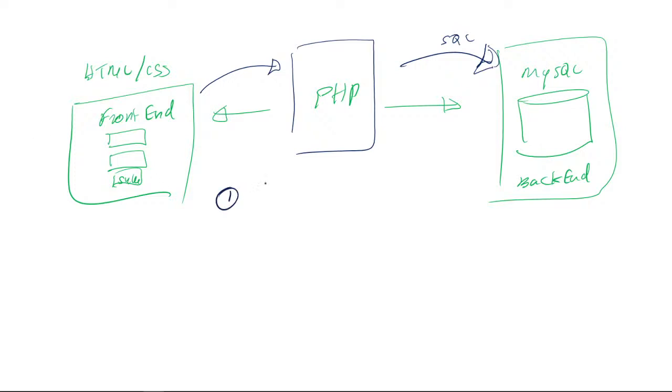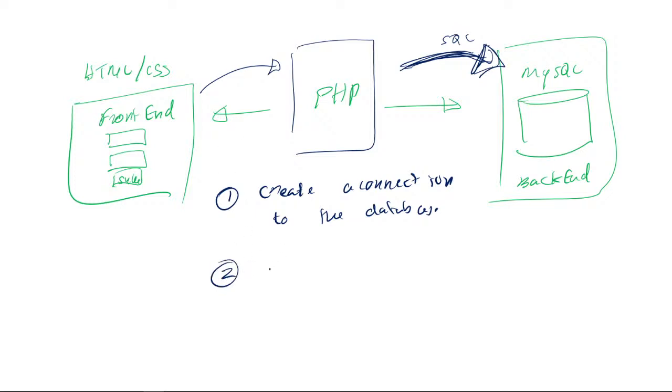First, it will create a connection to the database. It will open up a path where we define the database that we want to access for this particular form. So that's the first task.